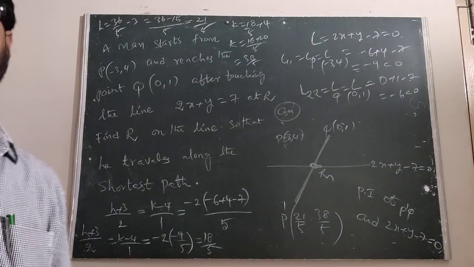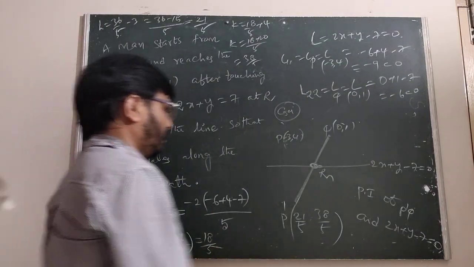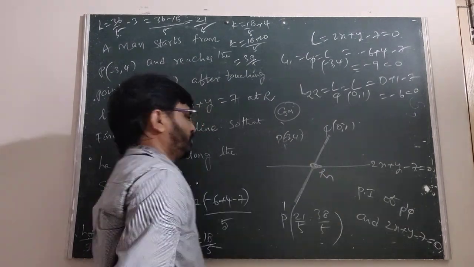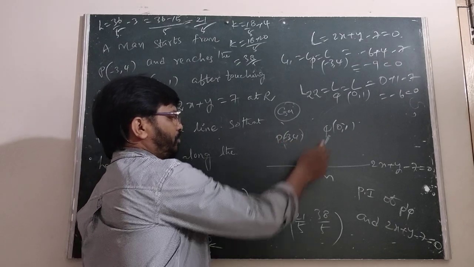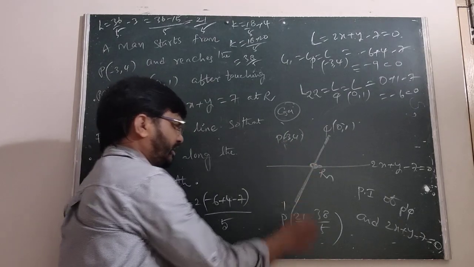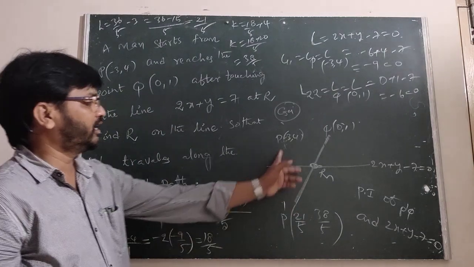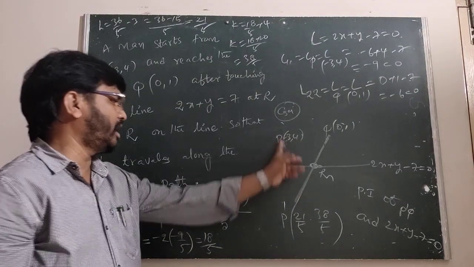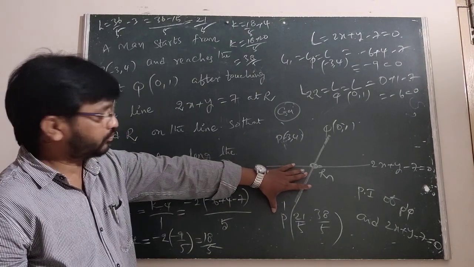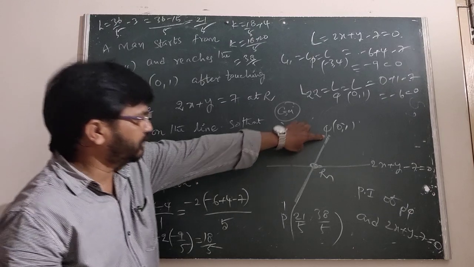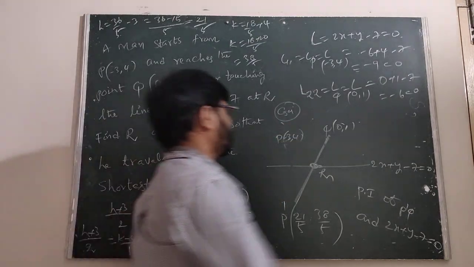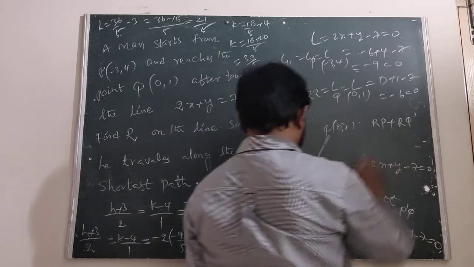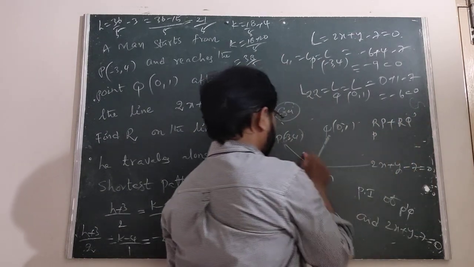Instead of PR we have to take P dash R. Now the shortest distance is RP plus RQ, and these are equal.